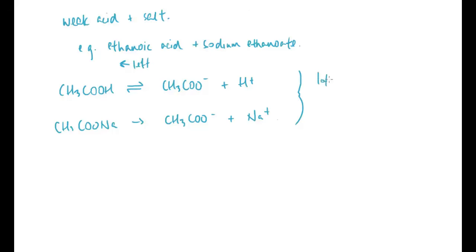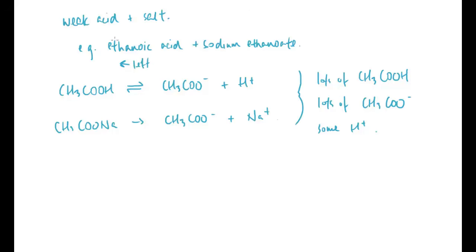So, and this is true no matter what the acid and its salt is, we have lots of CH3COOH, lots of ethanoic acid, and we also have lots of the salt portion, so lots of the ethanoate ion. We have lots of the acid, lots of the ethanoate, and we have some H plus as well.